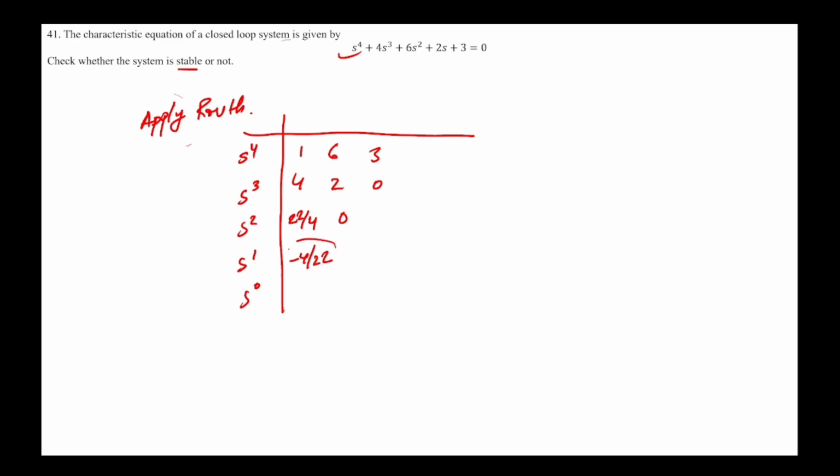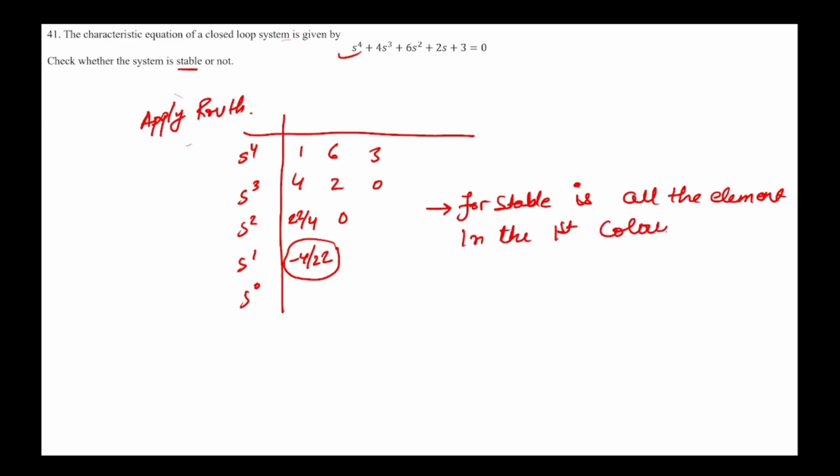So the system is not stable, because the condition for a stable system is that all the elements in the first column of the Routh-Hurwitz array will be non-zero and non-negative.